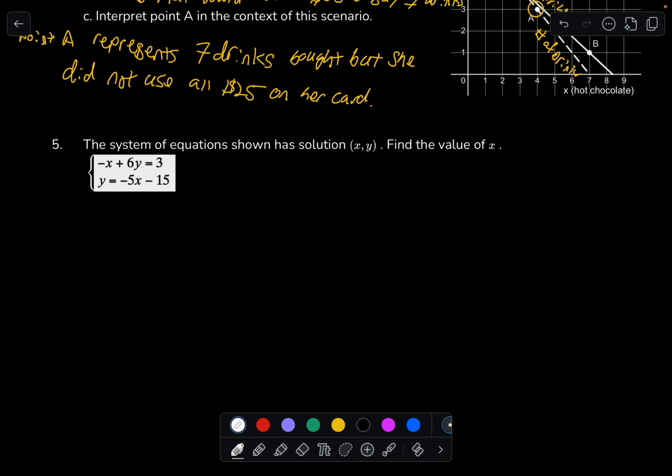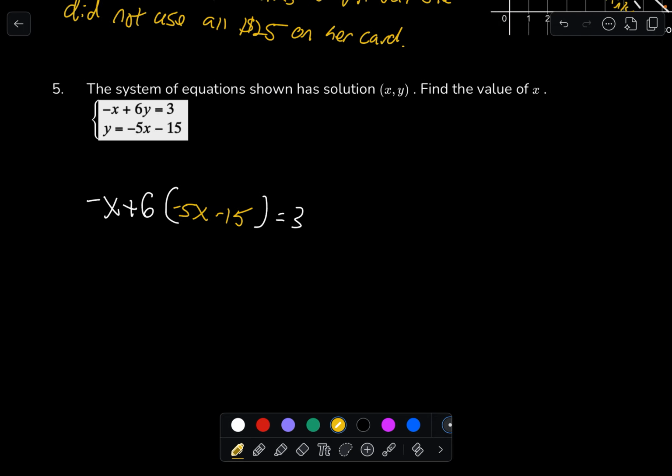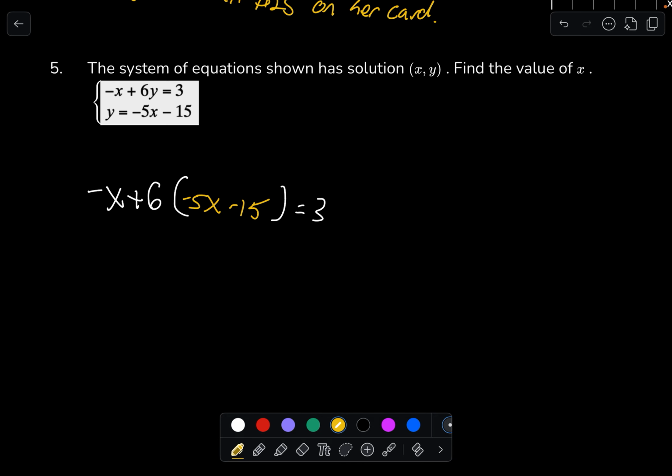So in substitution, it says negative x plus 6y equals 3. Now, inside, y, according to the second equation, is negative 5x minus 15. That's an equation in one variable to solve. How do you solve it?